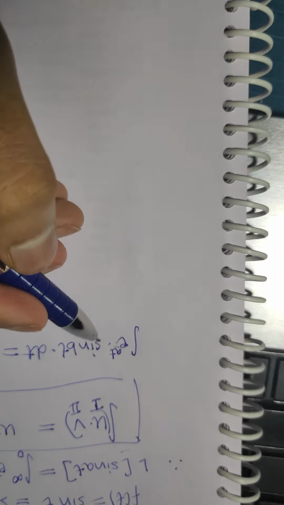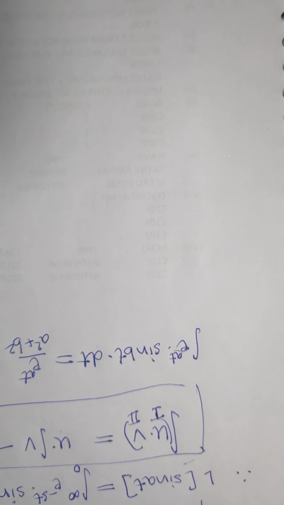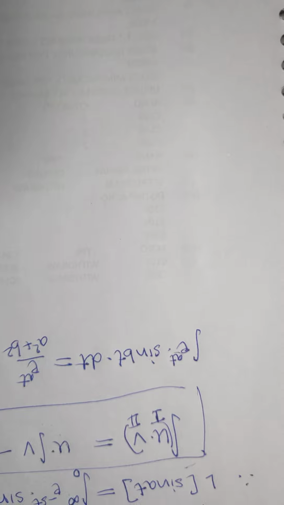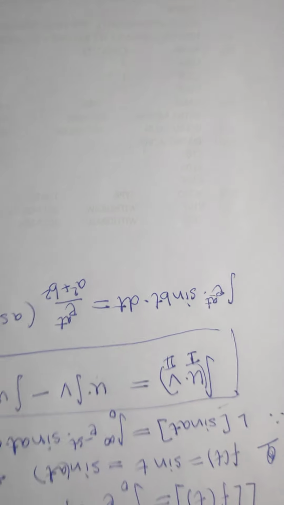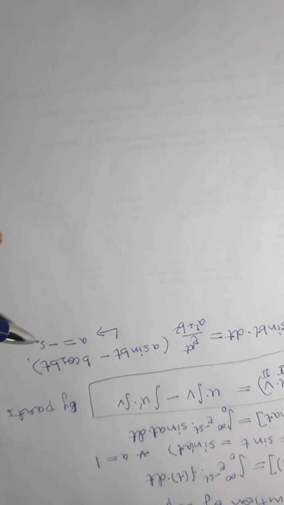So what we can do is, in place of a, we've got minus s in our given function. So here we've got a equal to minus s and b equal to a, as simple as that.